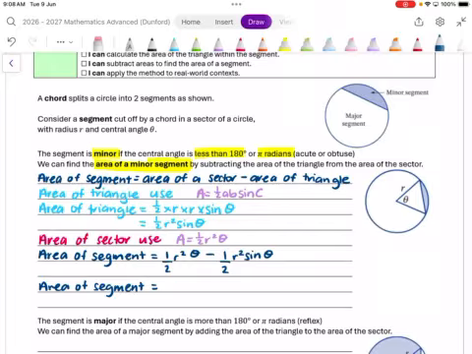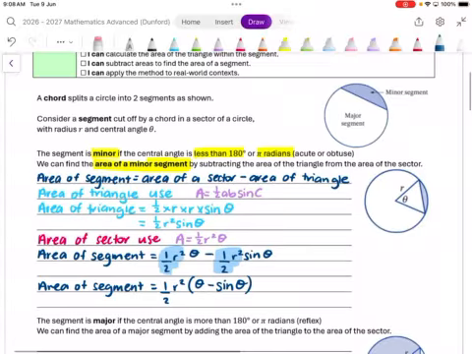So we can factorize out that a half r squared so that we have a half r squared lots of theta minus sine theta as shown. Okay, now our area of a segment formula is not on our reference sheet. It's one that you need to remember. That's why it's important that we know how to get to the formula as well, in case we were to forget.